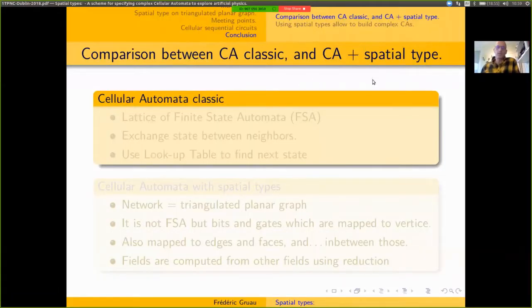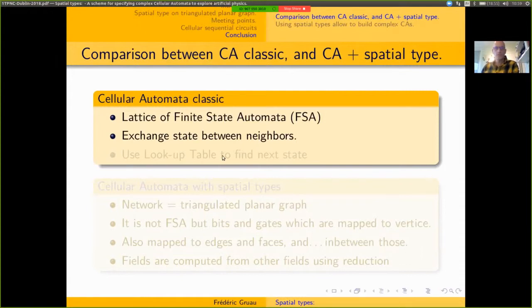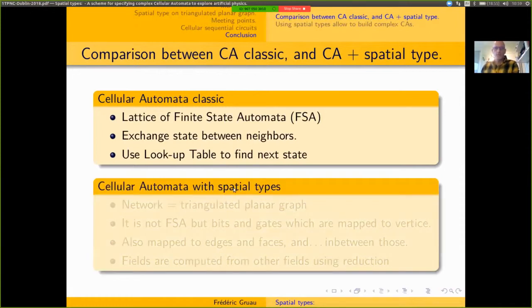Designing CA with spatial types is very different from designing CA in the classic way. In the classic way, you use a regular lattice of finite state automata, which exchange state between neighbors and compute the next state using a lookup table. When you use spatial types, first of all, you don't need a regular lattice. You can use any triangulated planar graph, although if you use a regular lattice, you are going to generate a cellular automaton in the classic way.